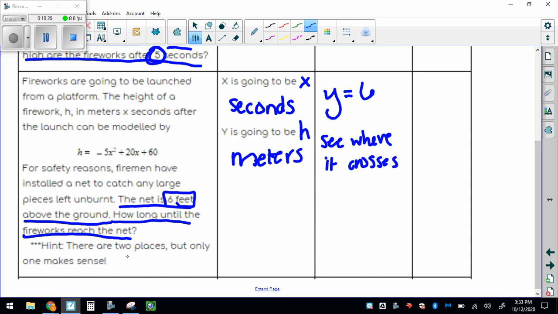I said there are 2 places, but only one makes sense. One of them is going to be positive, and one of them is going to be negative. So only the positive answer. So it's the same as with x-intercepts. It's usually the one on the right. It's the one that's a positive number.